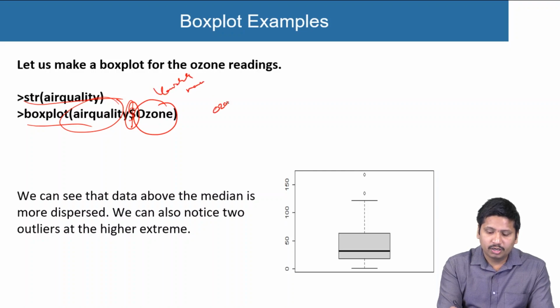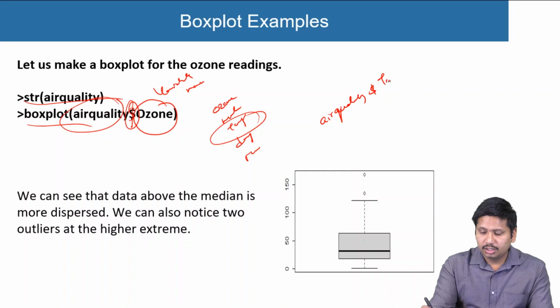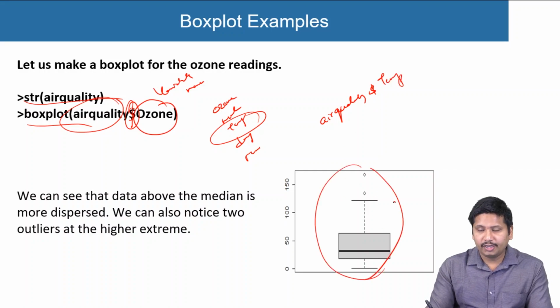Many variables are available like ozone, wind value, temperature, day, month. If I want to see only the temperature, I can write airquality dollar temperature, so I can get the box plot for a particular variable.